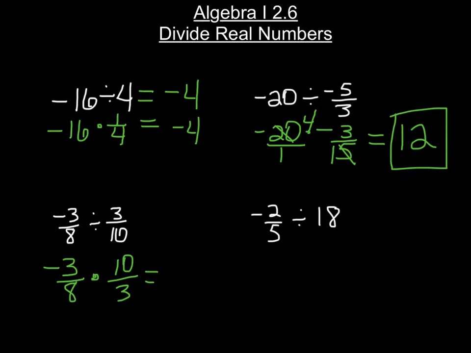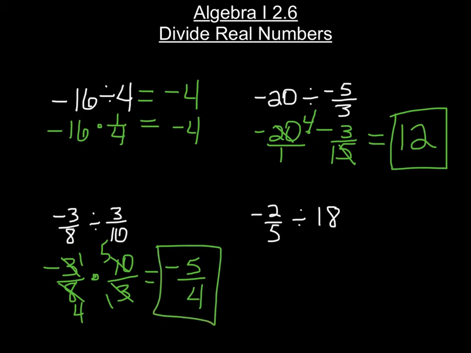We have a negative number multiplied by a positive number, and so that product is negative. Now we need to see if anything can reduce. Well, the 3 can cancel out with a 3. That will become a 1 in each one of those spots. 8 and 10 can reduce. 2 into 8 is 4, and 2 into 10 is 5. So now we have 1 times 5 is 5, and 4 times 1 is 4, and that is the solution.